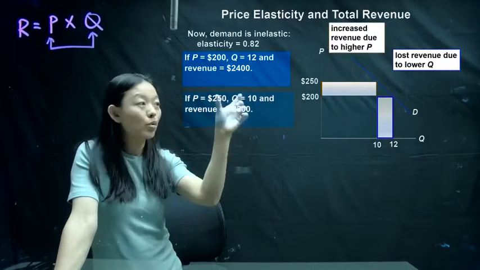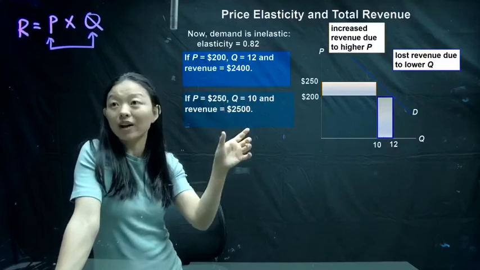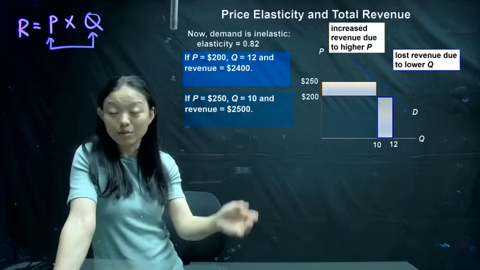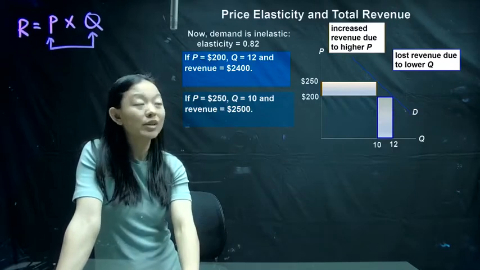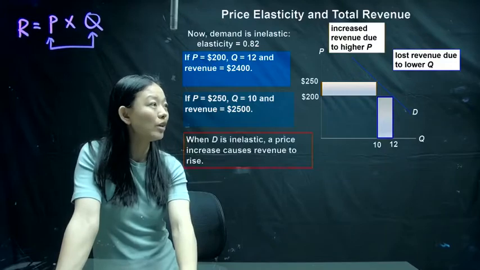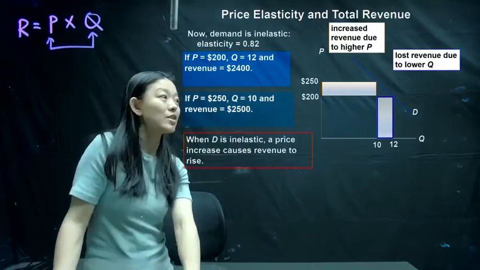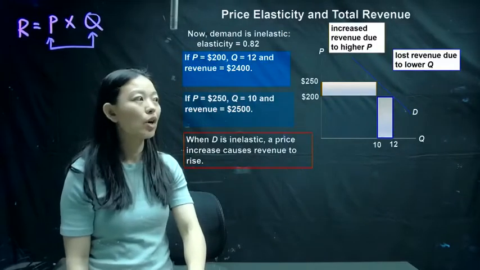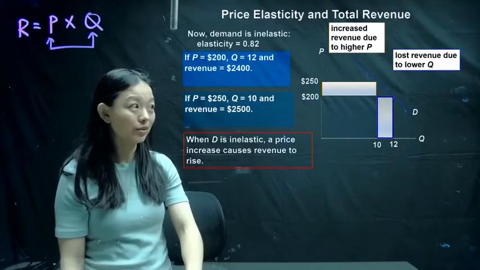And the big rectangle here shows you the gains in revenue when you increase the price. And it can actually cover the loss, right? It can actually compensate the loss. Therefore, when the demand is inelastic, increasing price would increase the revenue.